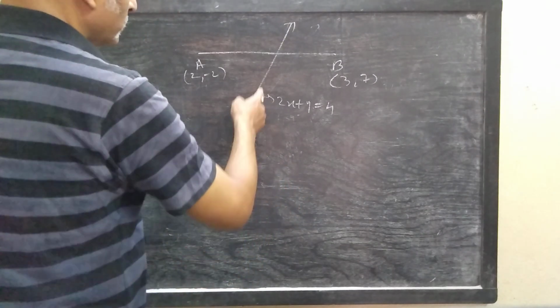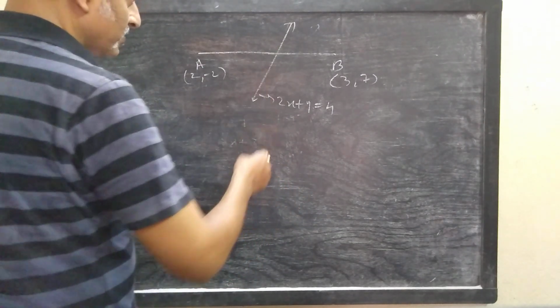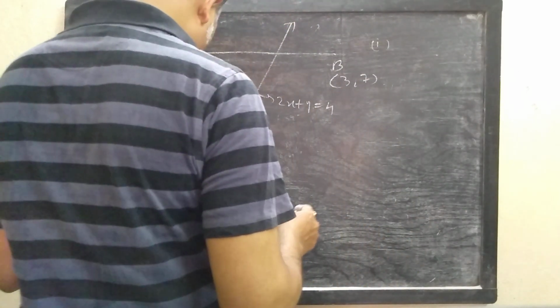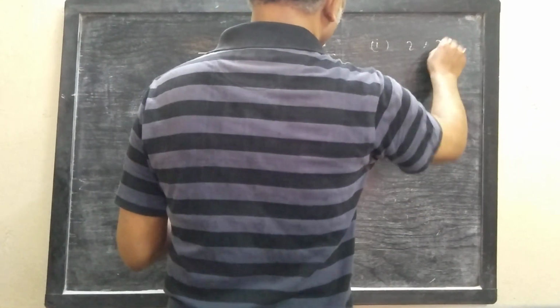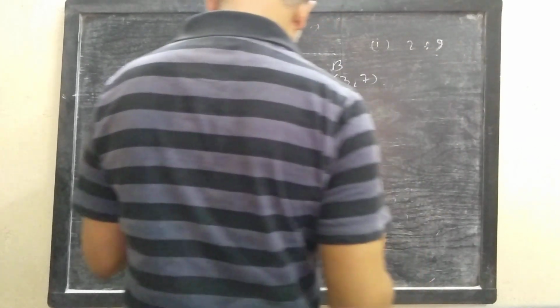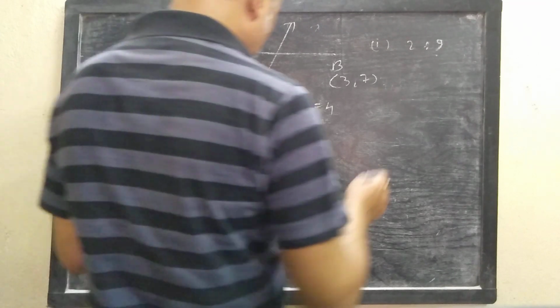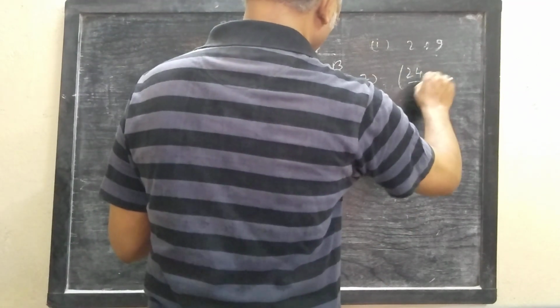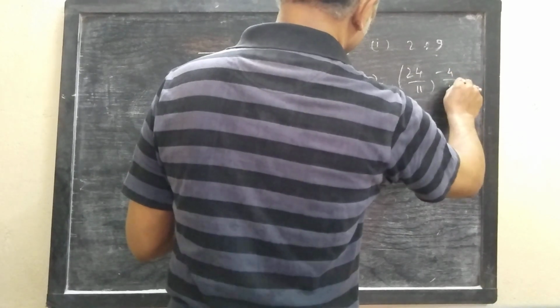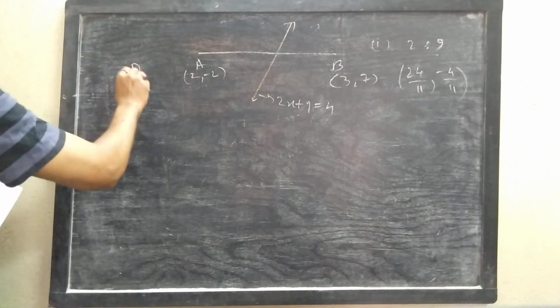They have asked you in what ratio this line divides AB. The answer is 2:9. And the second question is the coordinates of the point of division. The answer is (24 by 11, minus 4 by 11). This is the first question as homework.